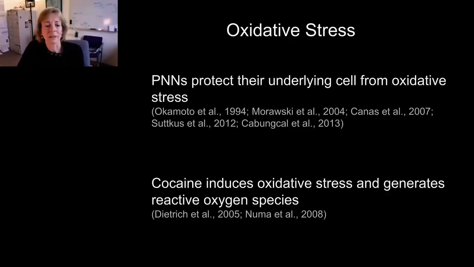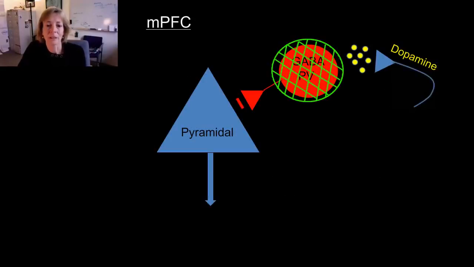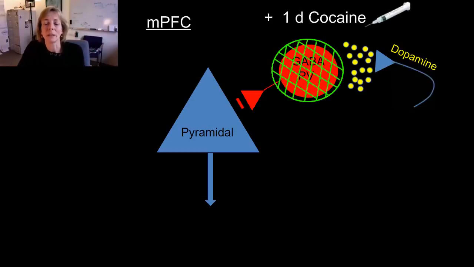And secondly, that cocaine itself induces oxidative stress through its generation of reactive oxygen species. So we came back to the simple question and asked, what does 1 day of cocaine exposure do to the nets and oxidative stress marker? So 1 day of cocaine, we know, will increase dopamine. Dopamine, we do know, can increase reactive oxygen species and increase oxidative stress.